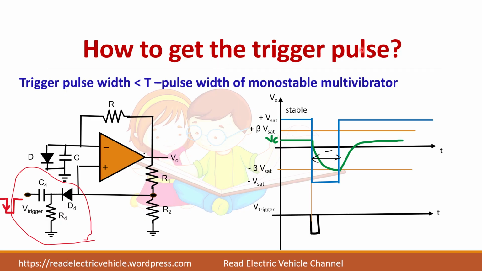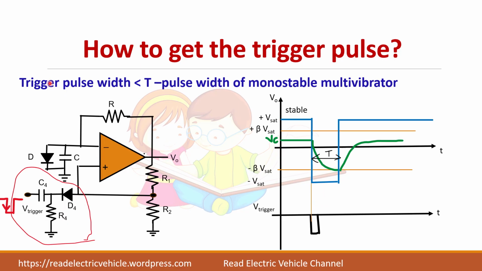Next, how to get this negative triggering pulse? Usually what is done is, an RC circuit is used so that you will get a negative spike as well as a positive spike from this combination, and you need only the negative spike. So you can use a diode in this direction, which will remove the positive spike, and you will get only a negative spike.